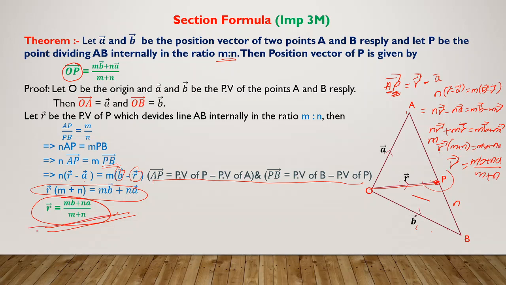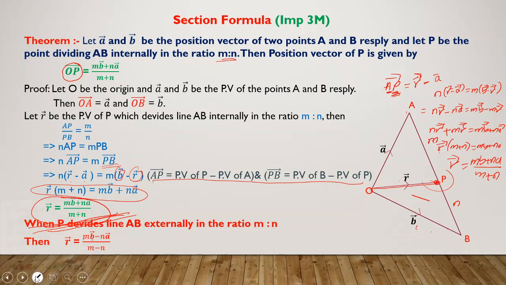This is the formula. Suppose P divides AB externally, then vector R is equal to MB minus NA divided by M minus N. So be careful.